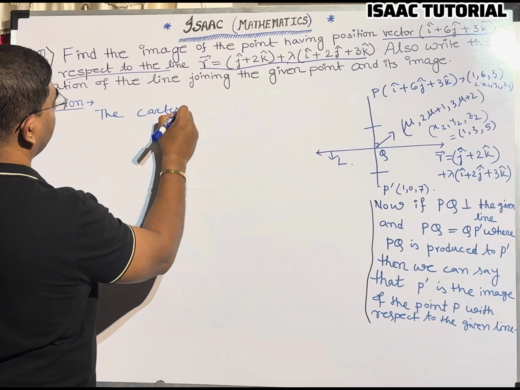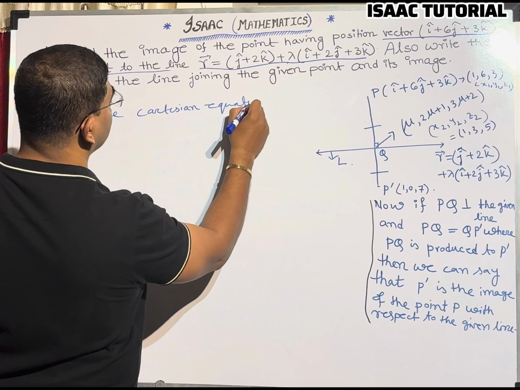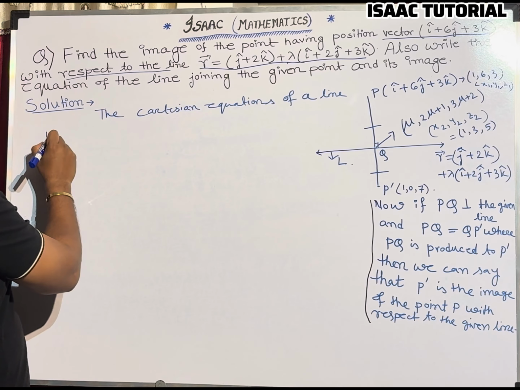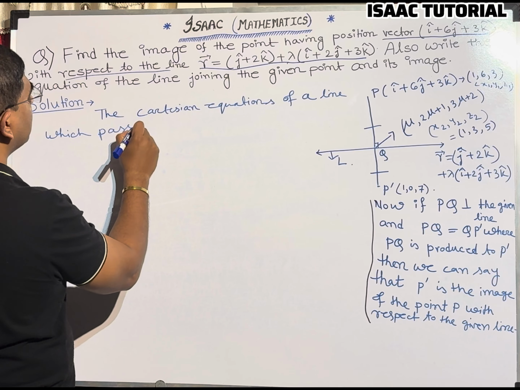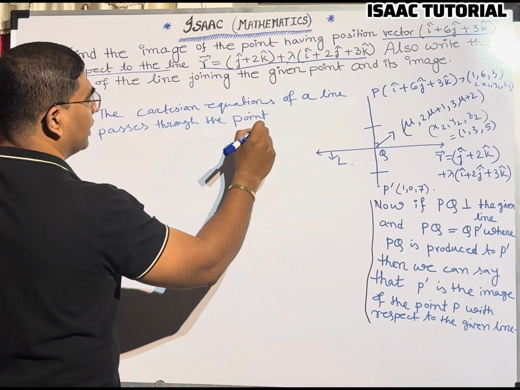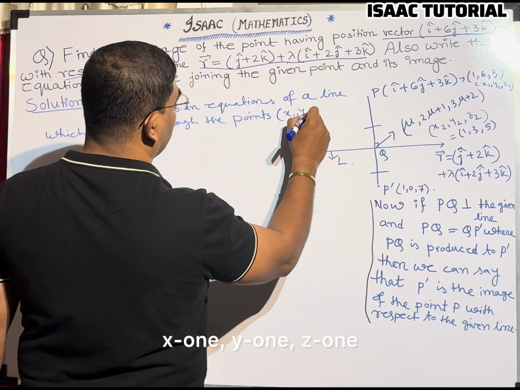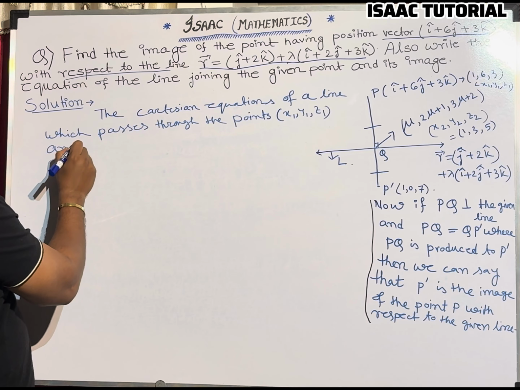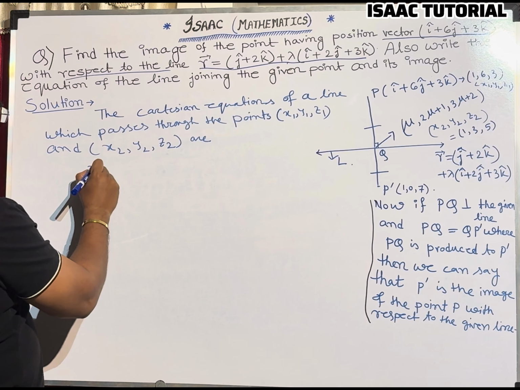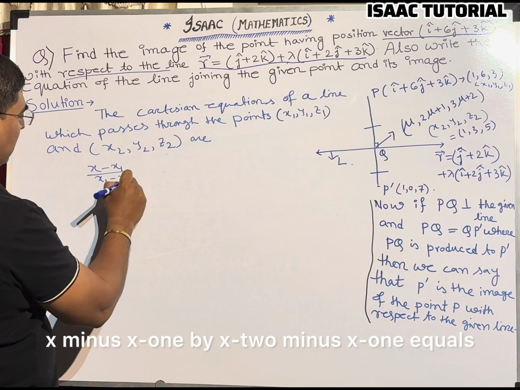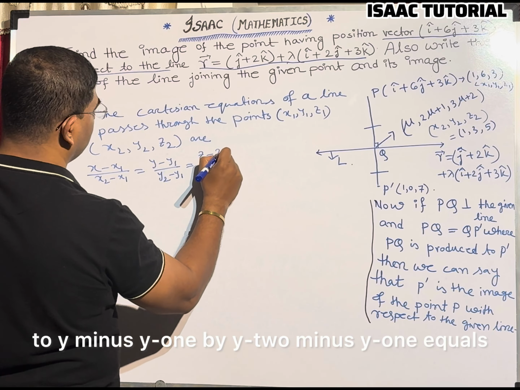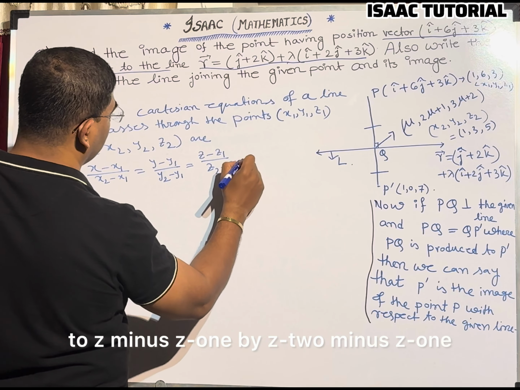The Cartesian equations of a line which passes through the points x1, y1, z1 and x2, y2, z2 are x minus x1 by x2 minus x1 equals y minus y1 by y2 minus y1 equals z minus z1 by z2 minus z1.